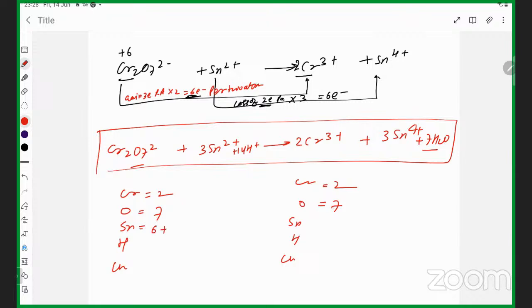Oh, sorry, Sn is 3. Hydrogen 14, 14. Charge: 2 minus, 3 times 2 is 6, and 14 makes 20, so it is plus 18. On the other side, 2 times 3 is 6, and 3 times 4 is 12, plus 18. So now everything is balanced. You can check.